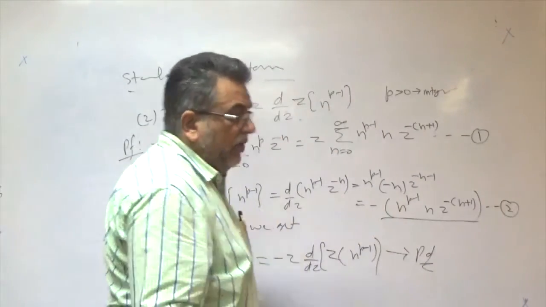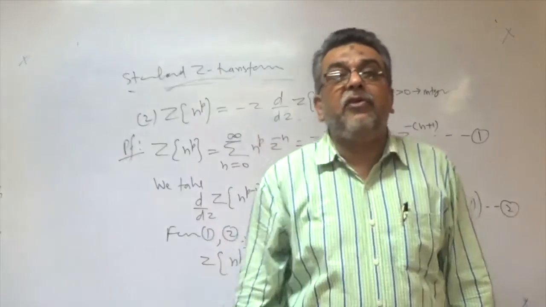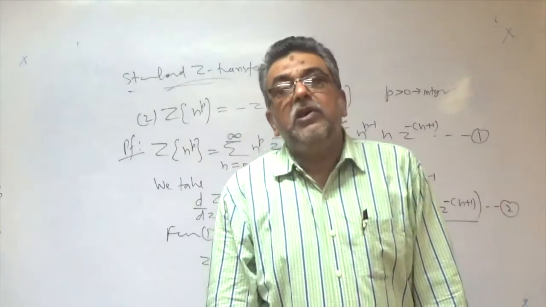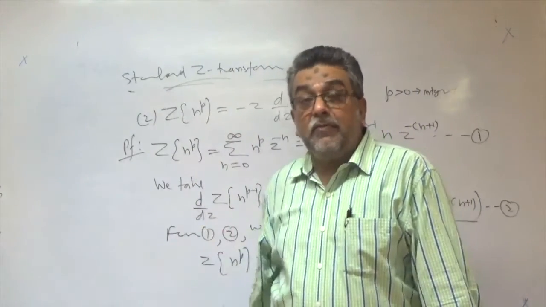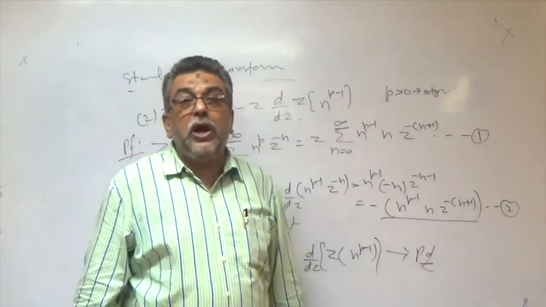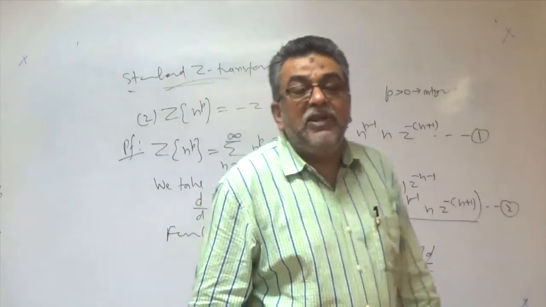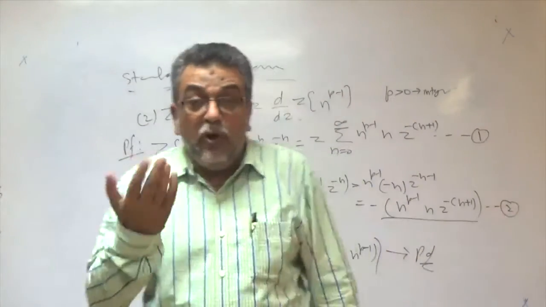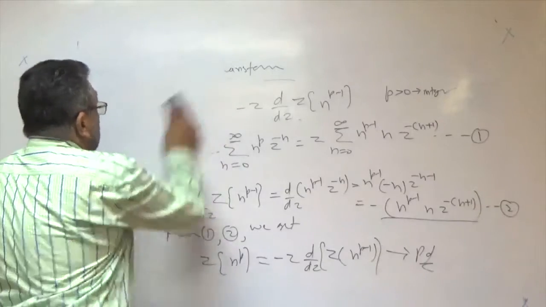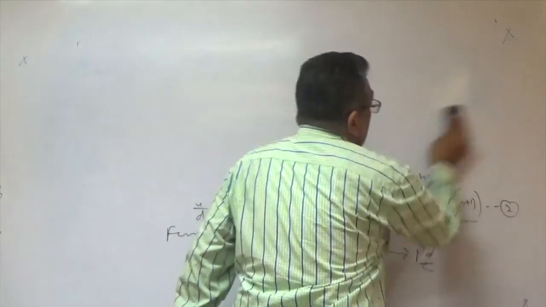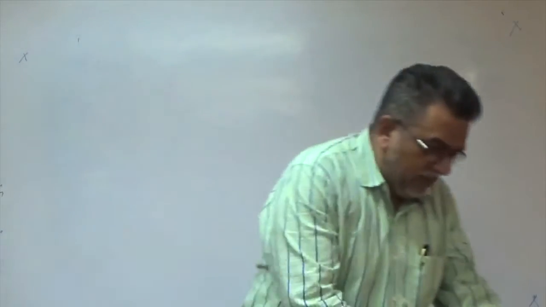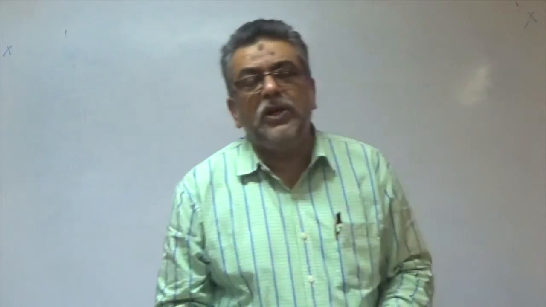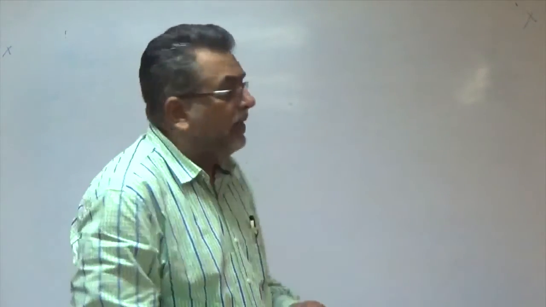Now, before explaining the different properties of the Z transform, I will take some numerical examples by which you know how you can apply the Z transform on the given sequences and find the value of that, and what is the actual application of Z transform in numerical questions.